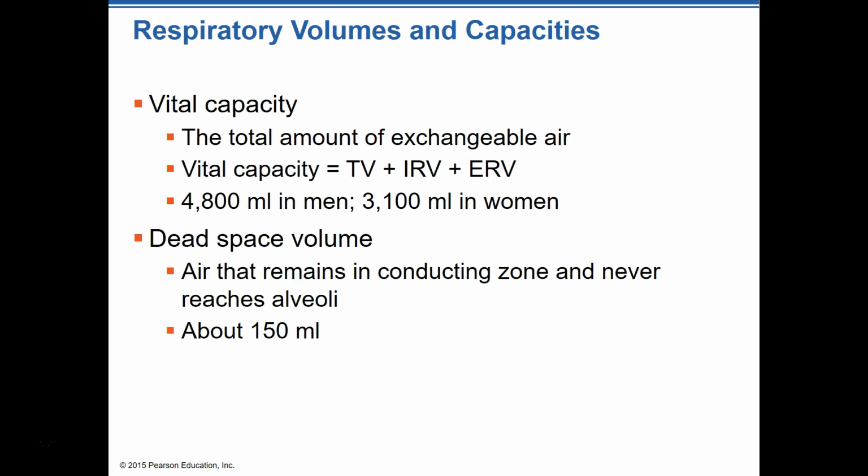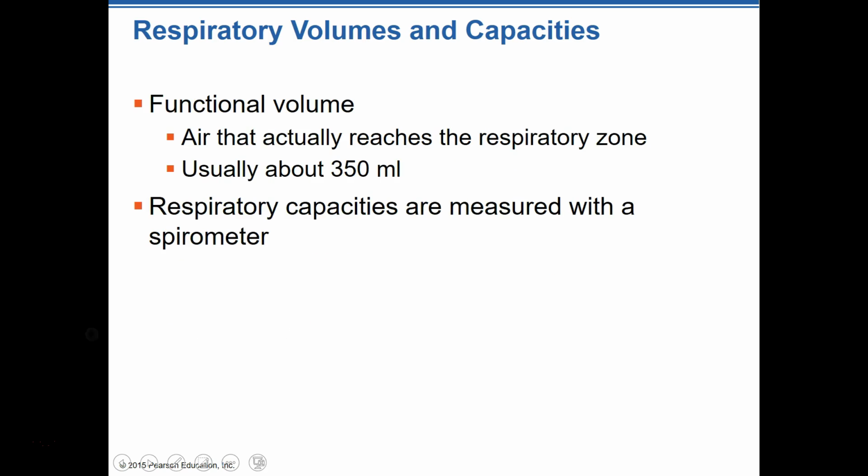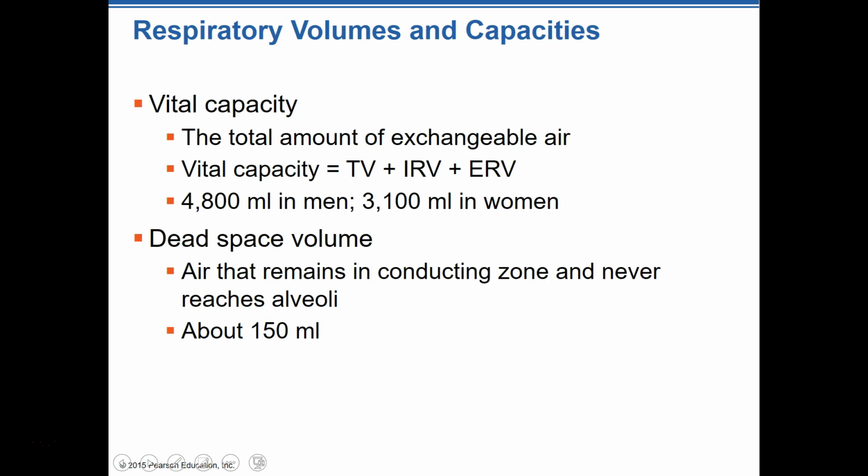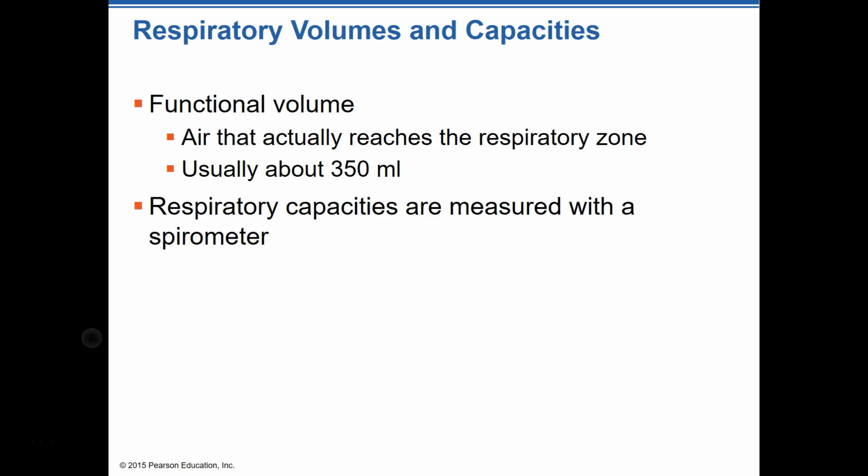So it's in the main stem, in the bronchi, and the bigger parts before it gets to the alveoli. There's about 150 mils of dead space air. Okay? And that vital capacity, I'm not going to ask you to do any kind of math with that on the test, and I don't even think there's a question on the test about vital capacity.